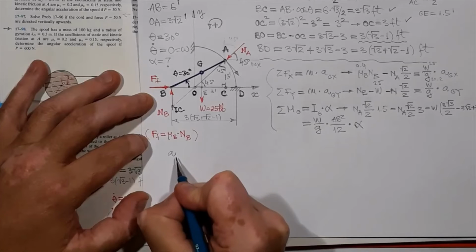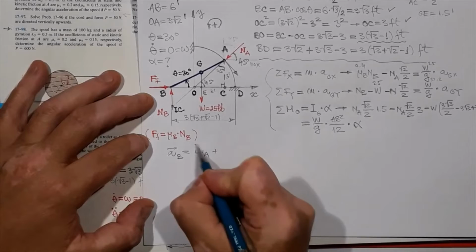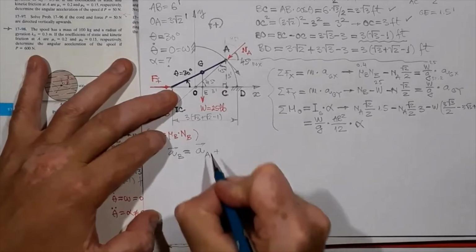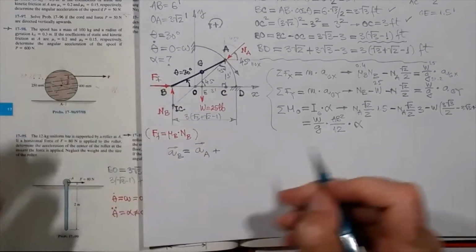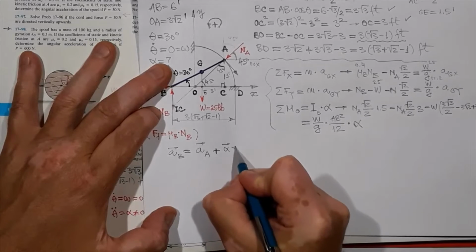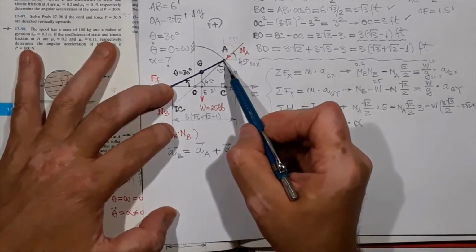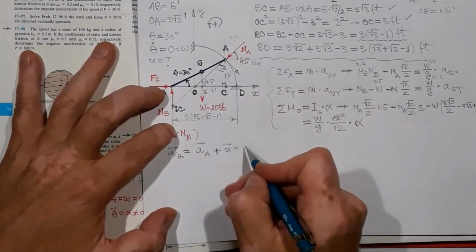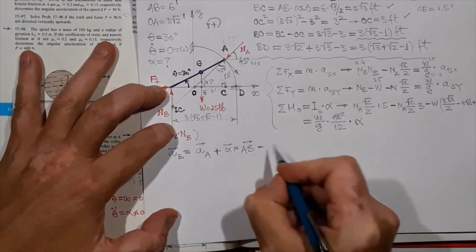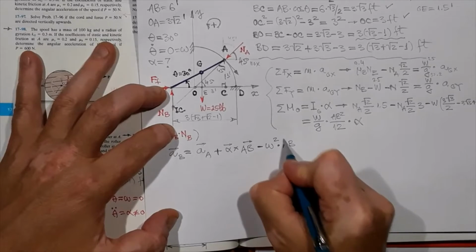Acceleration of B is acceleration of A plus acceleration of B with respect to A, and acceleration of B with respect to A is going to be alpha vector crossed with vector AB, and then I have negative omega squared times AB vector.